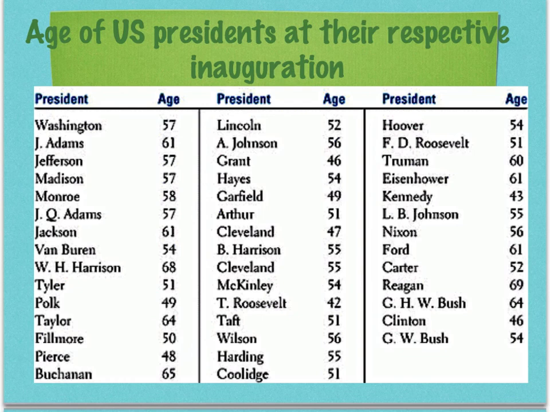It just gives the name of a president and their age when they were inaugurated into the presidential office. And so we're going to take this information and find the relative frequency, the cumulative frequency, and the cumulative relative frequency. And we've already found the relative frequency in the previous video.